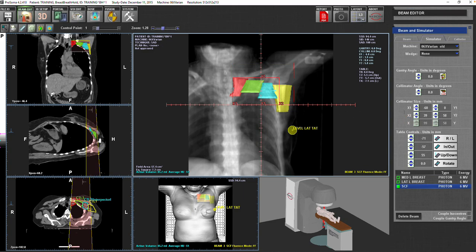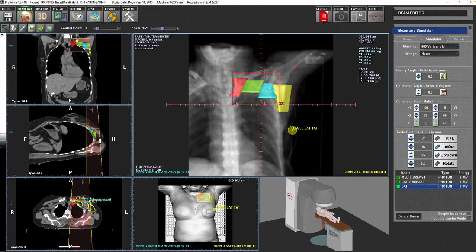So this is what we did, because I drew this upper border here of the CTV based on my anatomy and vascular relation, which is the arch of the vessel. So this is CTV, and then clearly, because this is a CTV, not a PTV, you need maybe half a centimeter as a PTV, and then maybe another half centimeter for the penumbra. So you end up with a field like that.